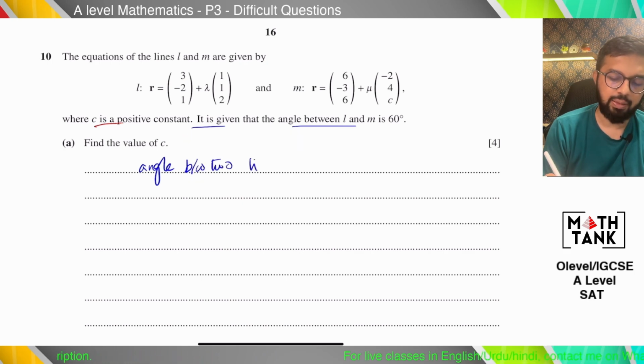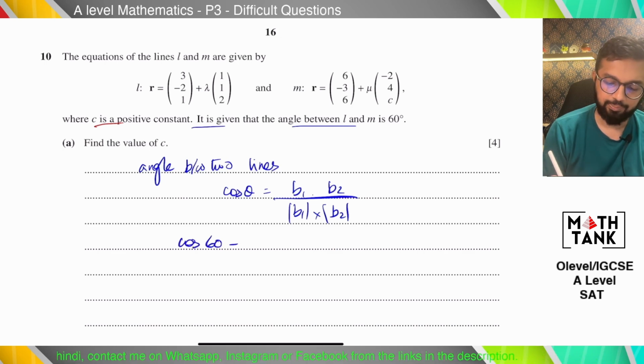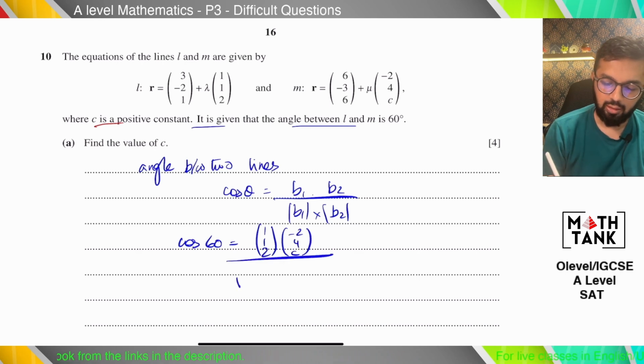cos theta equals B1 dot B2 over magnitude of B1 into magnitude of B2. So cos 60, B1 is 1, 1, 2, B2 is minus 2, 4, C, and the modulus of B1 will be 1 square plus 1 square plus 2 square. 2 square is 4.